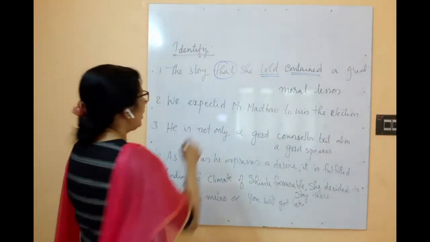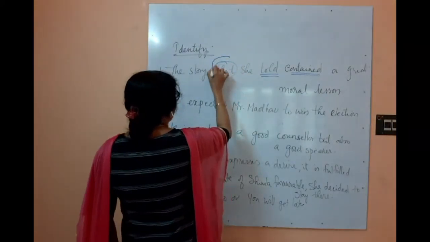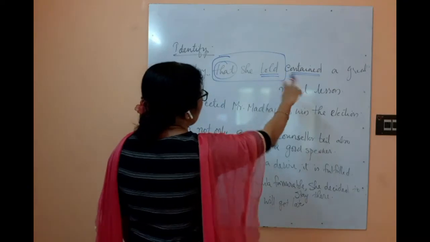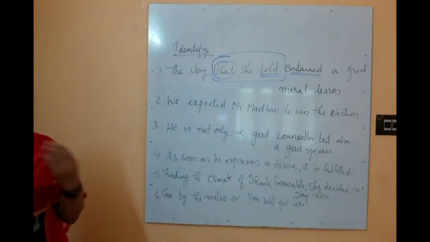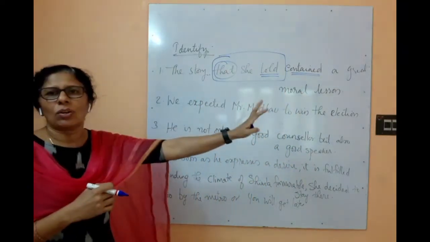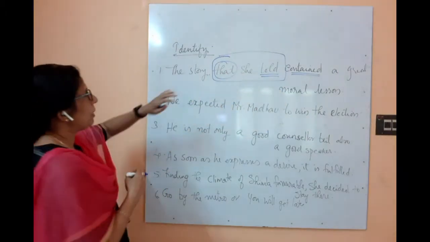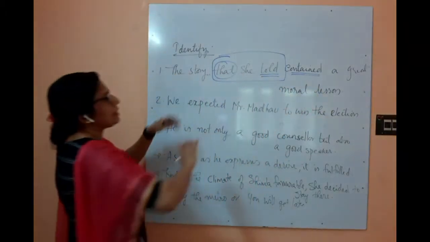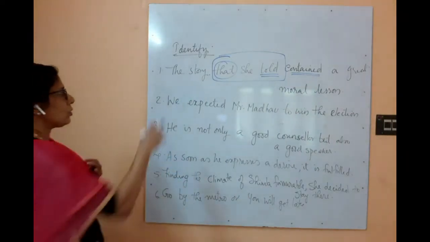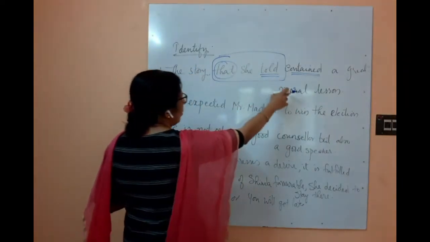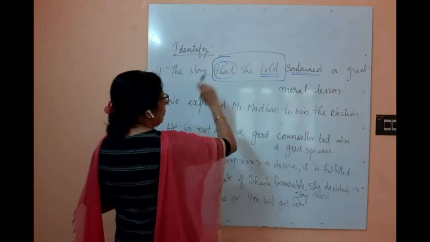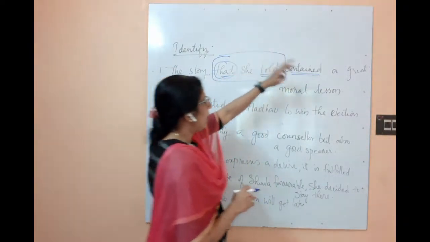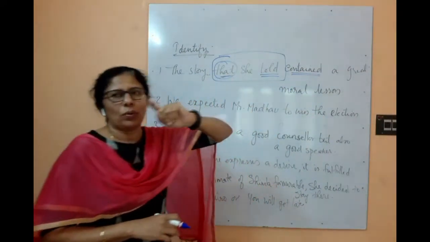Here we can see this is the subclause, and this is the story contained. After taking out the subclause, the main clause is again completely meaningful. So the story contained a great moral lesson. Here we can see one main clause and one subclause. This is the conjunction we have used there, and in the subclause one verb, and in the main clause also one verb.